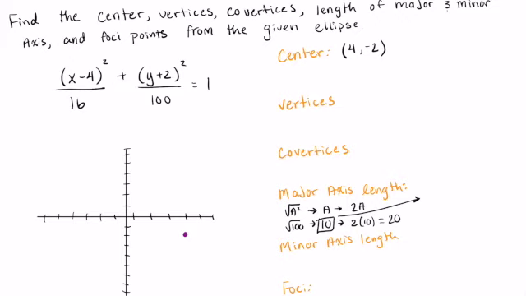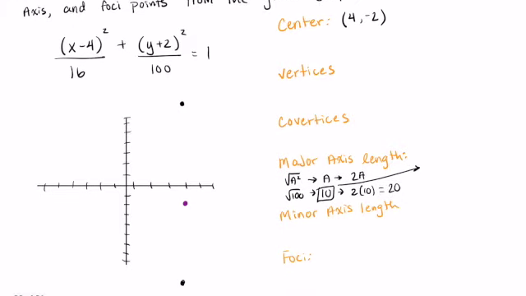Since this particular ellipse is opening up and down, if I move a distance of 10 up, so 1, 2, 3, 4, 5, 6, 7, 8, 9, 10, and I go 10 down, so 1, 2, 3, 4, 5, 6, 7, 8, 9, 10, I know it's not drawn to scale, so that's okay.